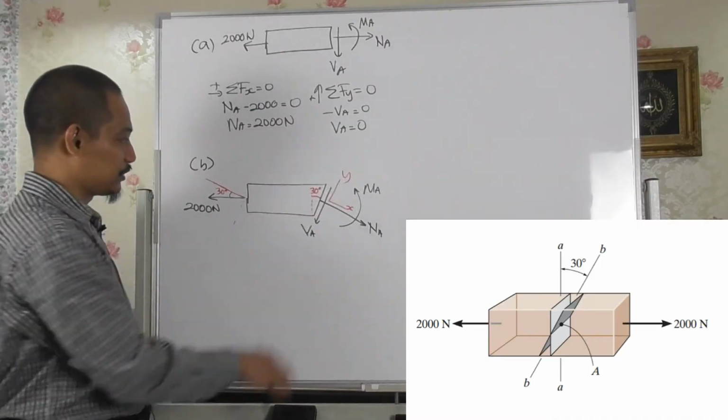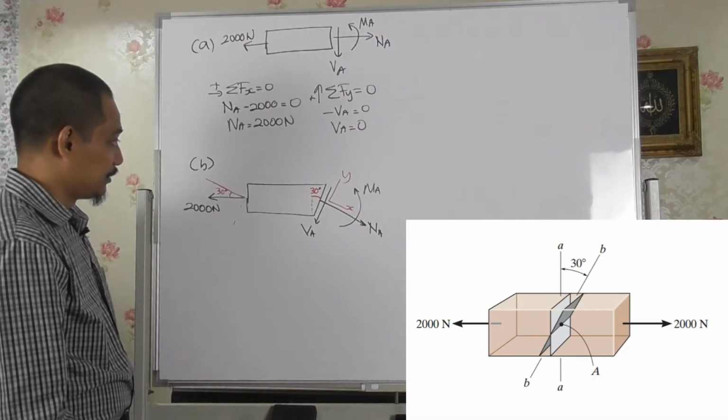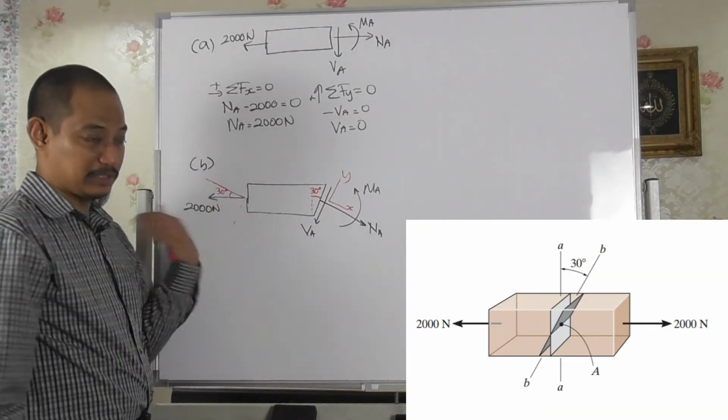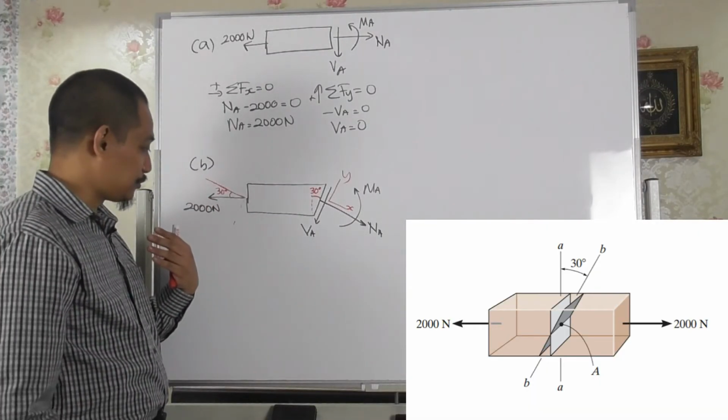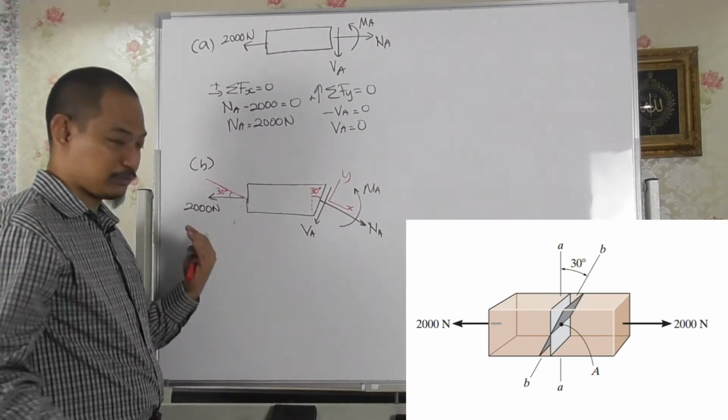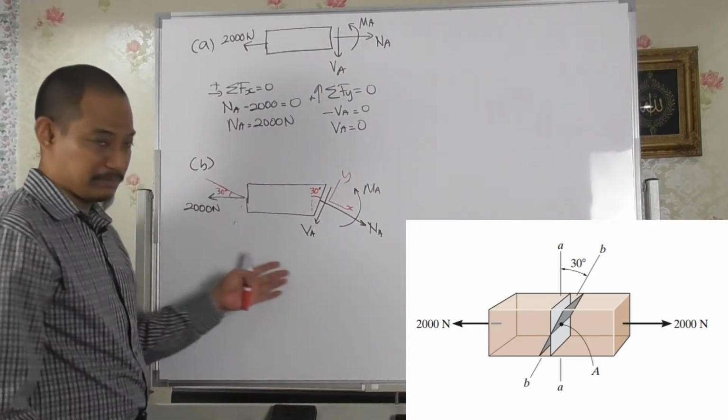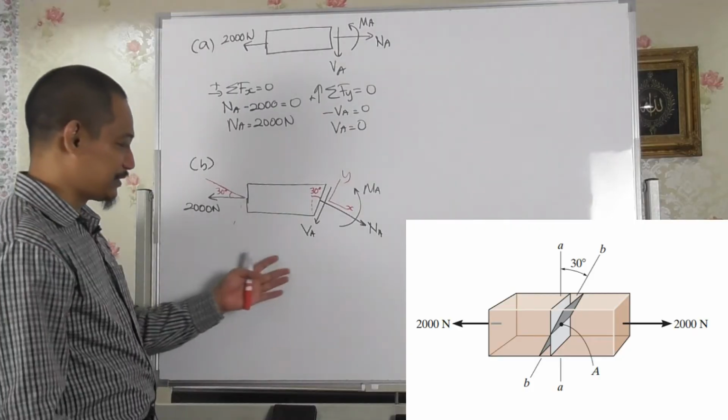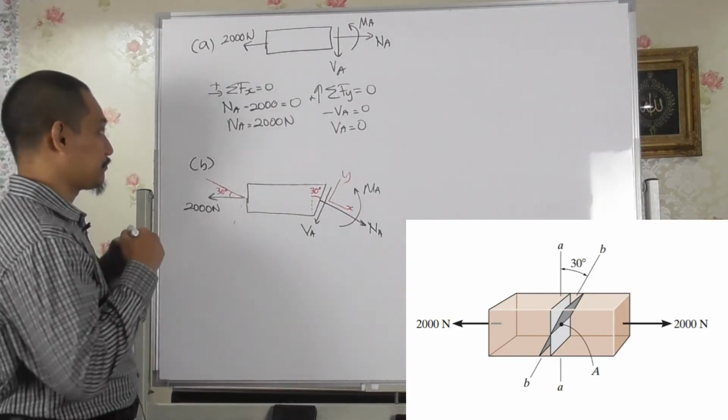Otherwise, if you do not draw this and suddenly you calculate using this, as an examiner, I would not know, is it a mistake, is it a coincidence, do you copy someone? So make it clear.